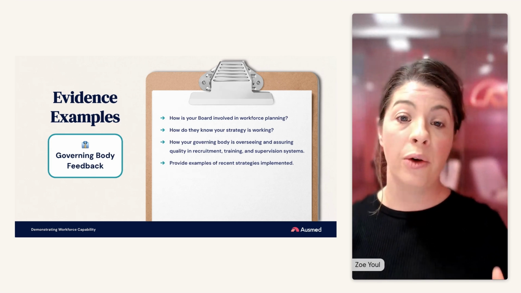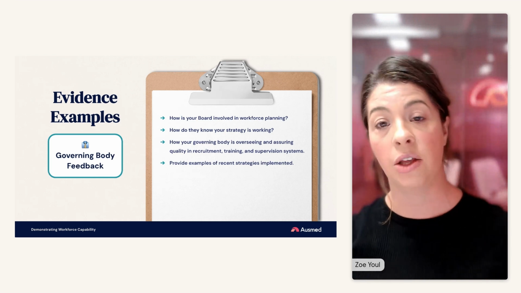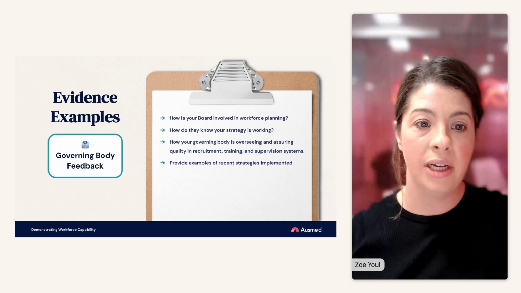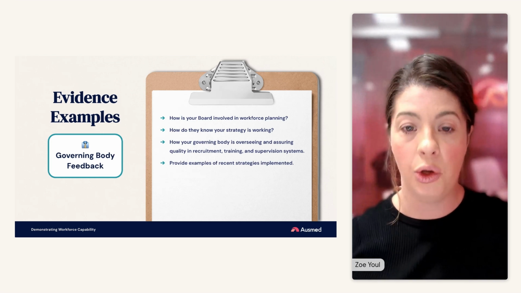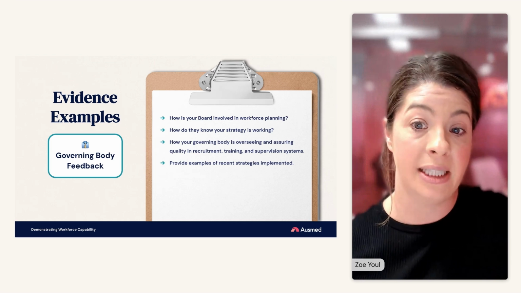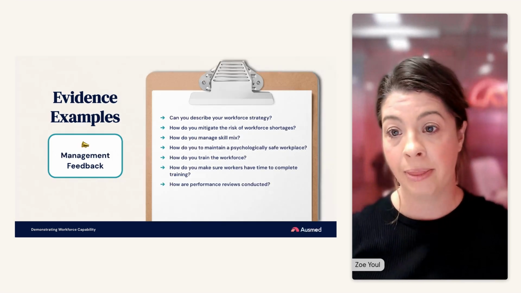So they will also ask your governing body, for examples, what are recent strategies that you've implemented and how effective were they? So a really critical thing is to make sure your governing body understands when it comes to workforce capability that there are some big substantial questions that can be asked during an audit of them.